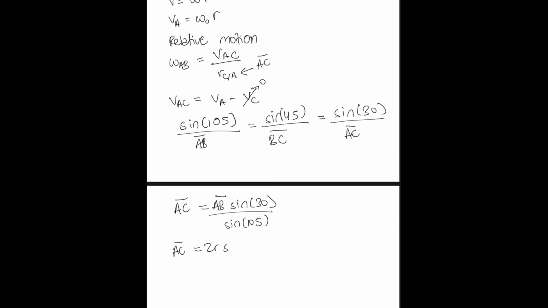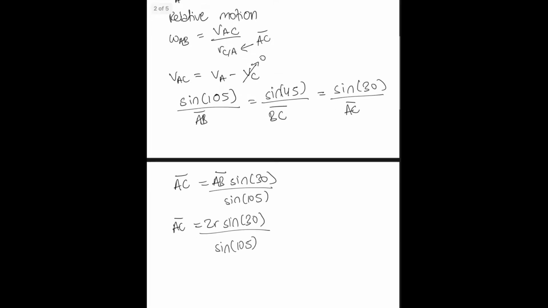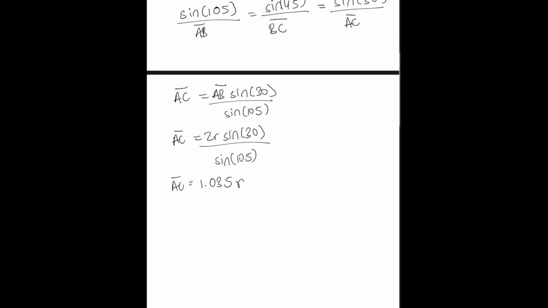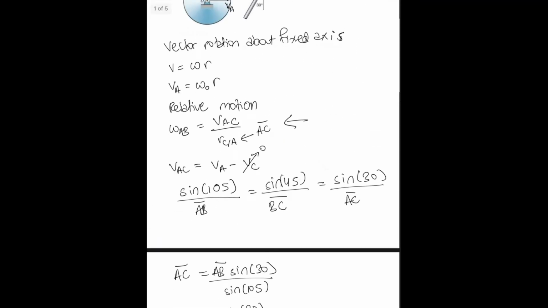So 2r sine 30 over sine 105 is going to give us a length of 1.035 r. And when we plug that into our equation over here, we can get omega naught r, because that's what VA is equal to.